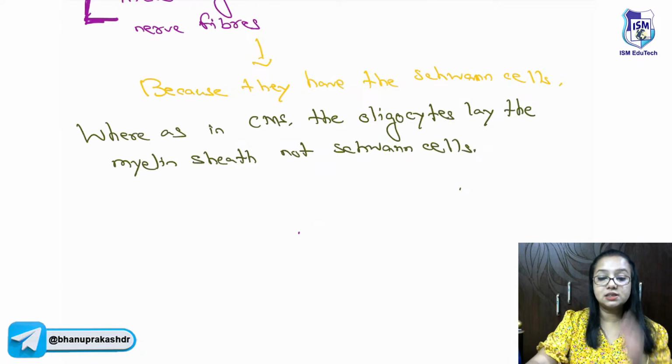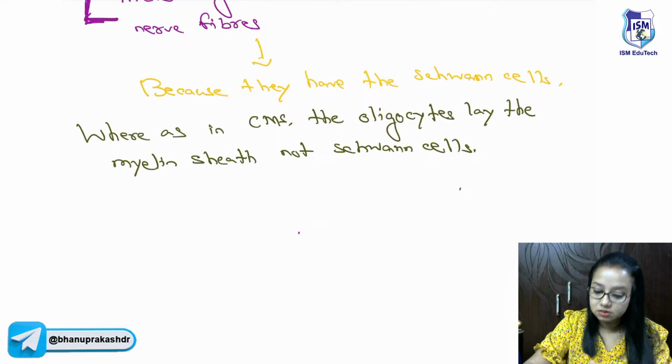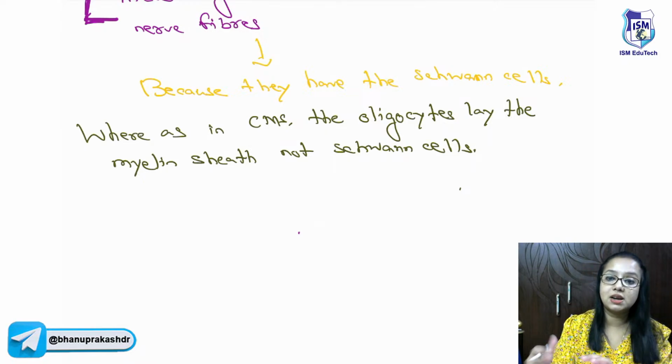As a result, the oligodendrocytes cannot support regeneration the way Schwann cells do.